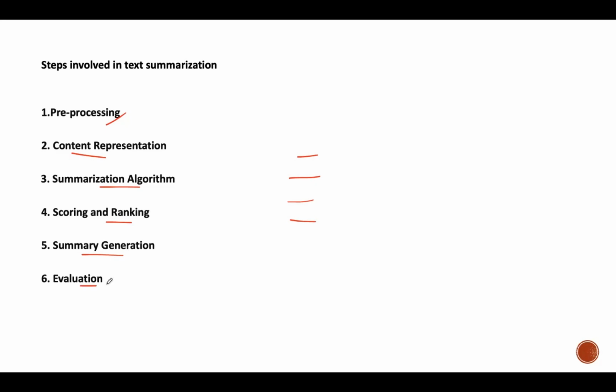So here, assessing the quality of the summary using metrics like you can use ROUGE values, or BLEU, in order to assess quality of the summary.